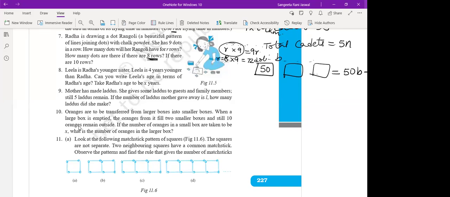Similarly, if she has 10 rows, here R is 10, so 10 into 9 will be 90 dots. Are you understanding, children? Yes, ma'am.